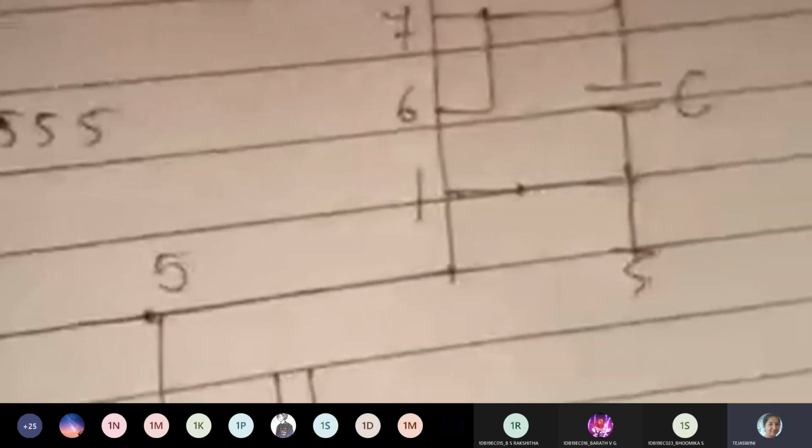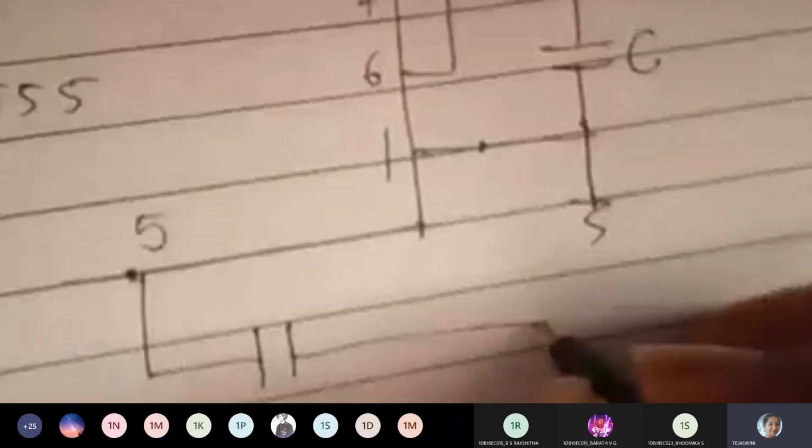Pin number 1 is connected to the capacitor, and it is grounded. And pin number 5 is also connected to capacitor C1, that is of 0.01 microfarad, and it is shorted with pin number 1, and it is grounded.